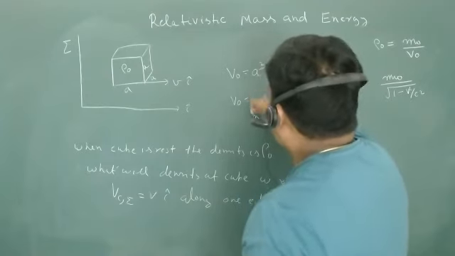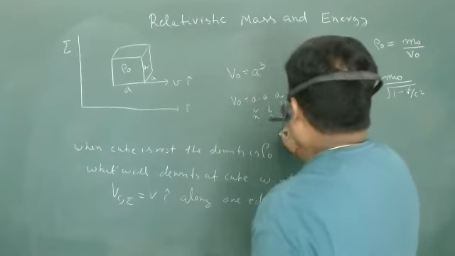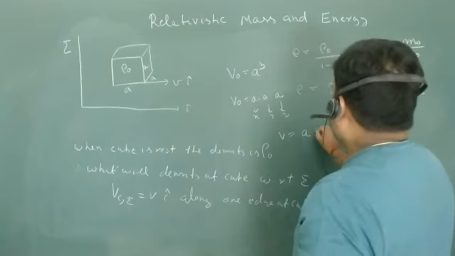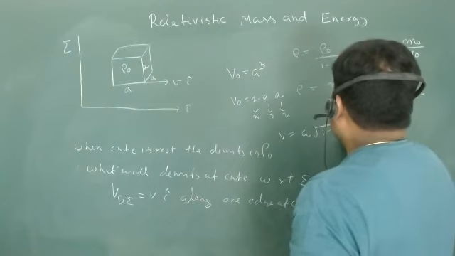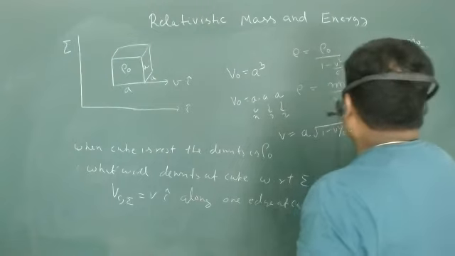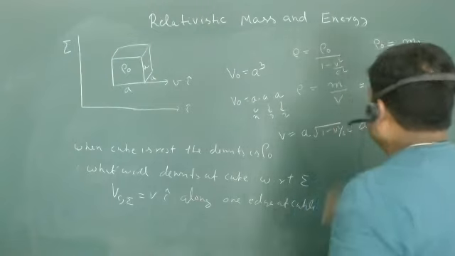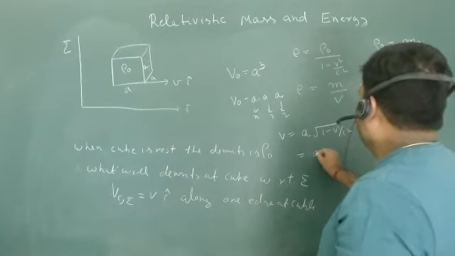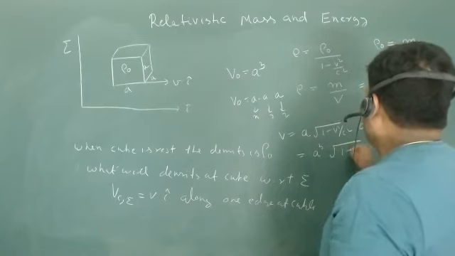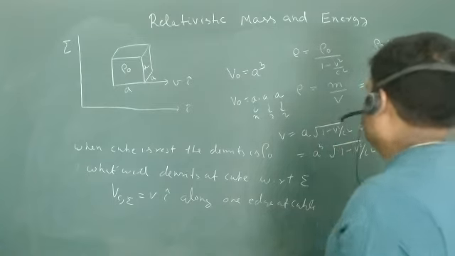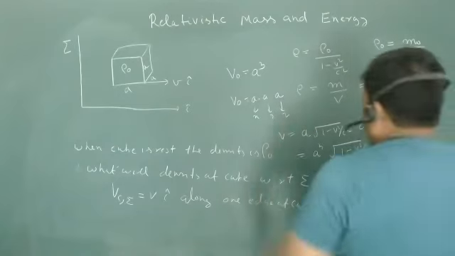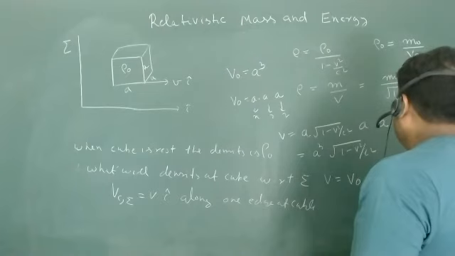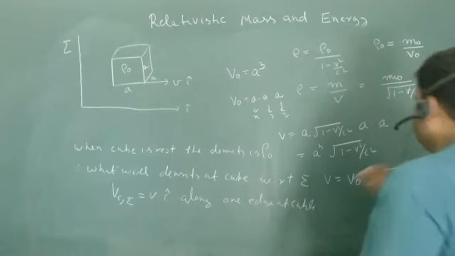What will be my new volume? That will be a root under 1 minus v square upon c square, and these two will remain the same. Combining all three, you have a cube times root under 1 minus v square upon c square, and a cube is V naught. So my V changes to V naught root under 1 minus v square upon c square.